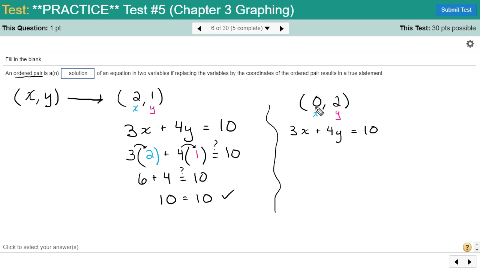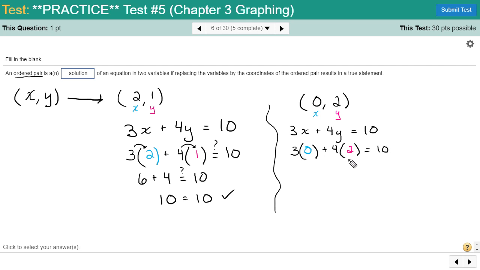Anywhere we see an x in the equation, we're going to substitute in this 0. Anywhere we see a y, we're going to substitute in positive 2. So we have 3x, so let's plug in our x value, plus 4y, but we're not going to use the variable y. We're going to plug in the value from our point, in this case 2, is equal to 10.